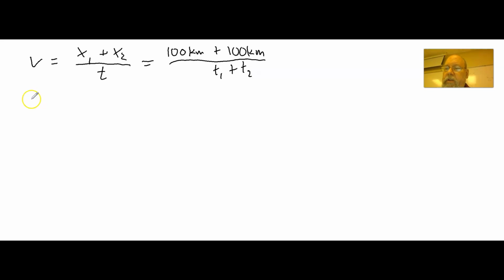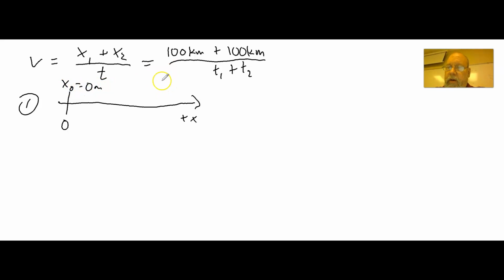So for the first part of the trip, we go 50 kilometers per hour for 100 kilometers. If we create our motion diagram, 0 plus x, my initial position x0 equals 0 kilometers, and my final position, which I'm calling x1, is 100 kilometers.